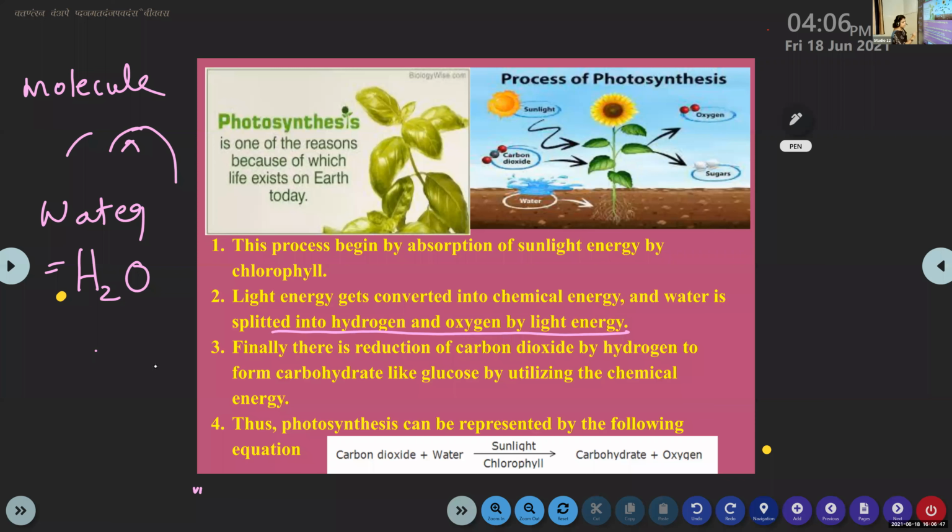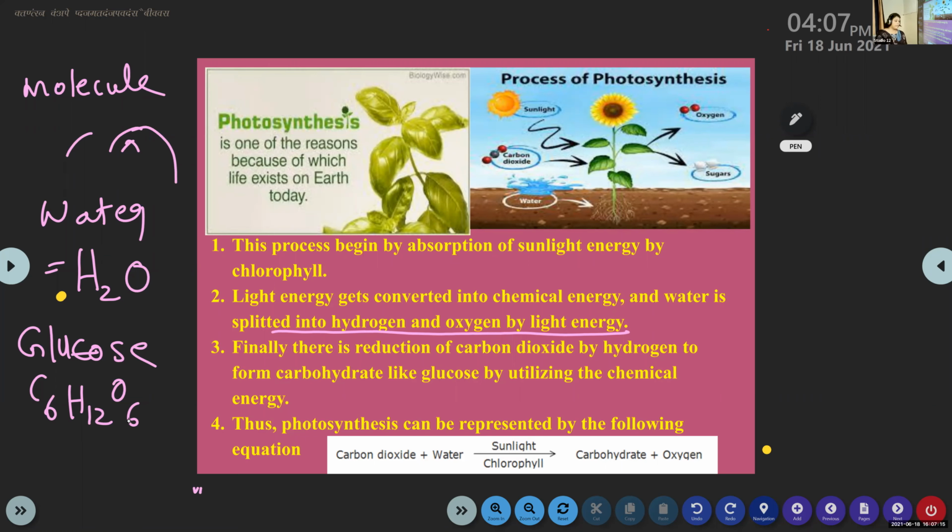Now, what is glucose? Glucose also is a molecule. This is glucose, C6H12O6. Glucose is a mixture of carbon, hydrogen, oxygen. So it's a chemical reaction. C6H12O6 means 6 carbon atoms, 12 hydrogen atoms, and 6 oxygen atoms.